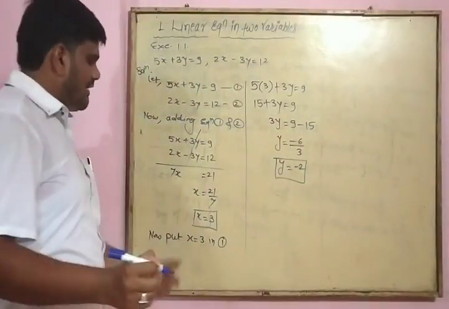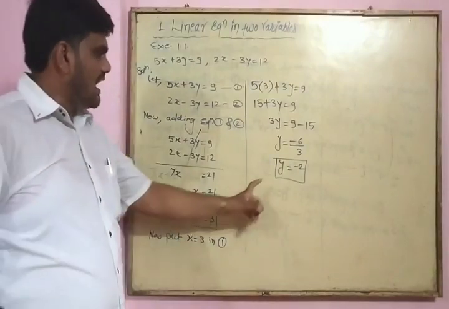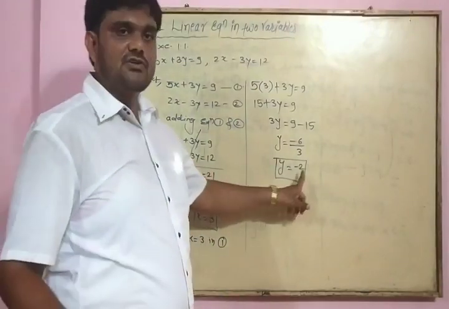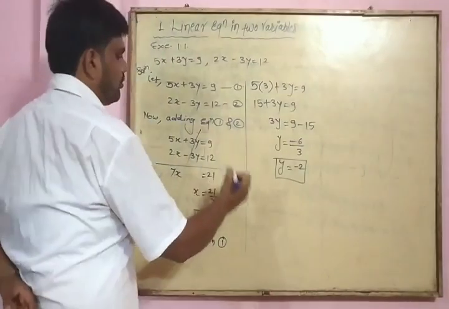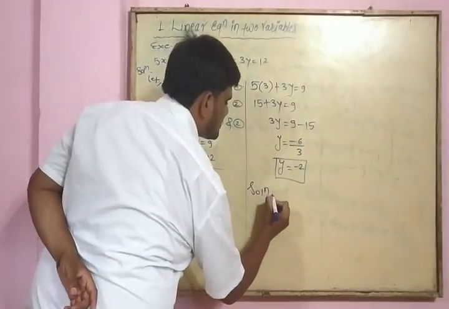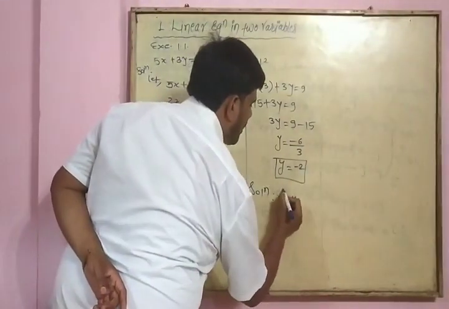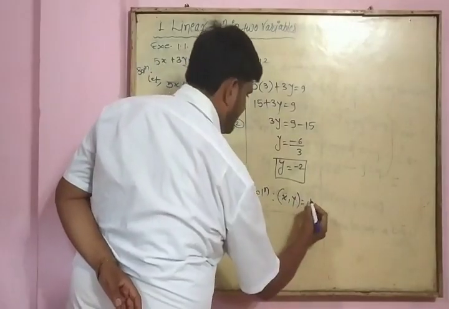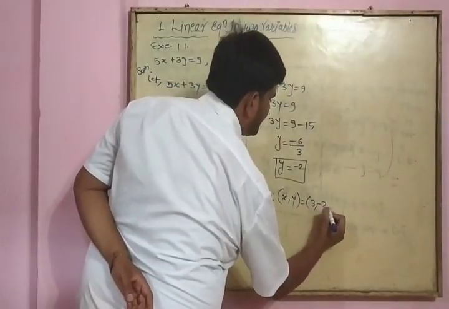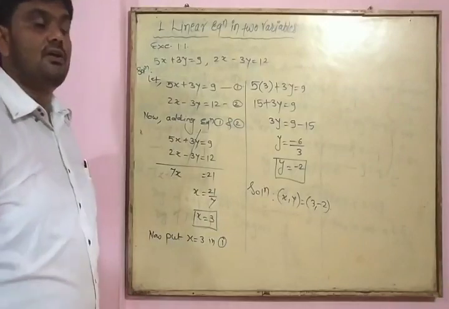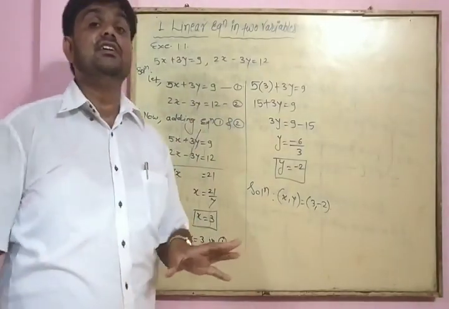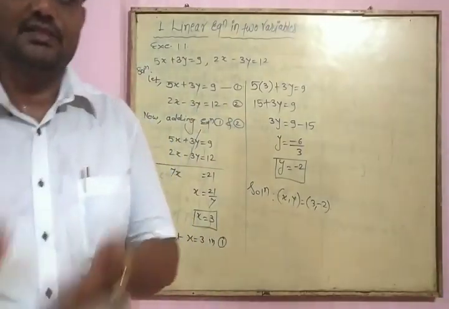This means we get the value of x equal to 3 and the value of y equal to minus 2. Therefore the solution of the equation is (x, y) equal to (3, minus 2). In this way we can solve these linear equations simultaneously.